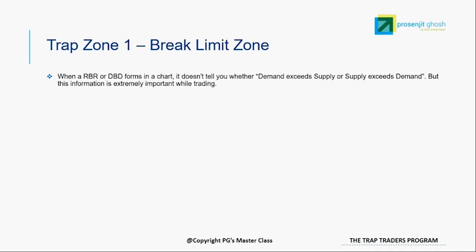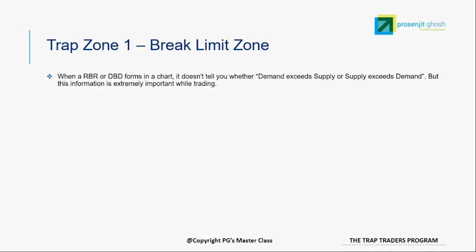If I want to trade a rally based rally, I need to know that there is overwhelming demand, meaning more buy orders than sell orders. That means I may get some pending orders to go along with, and I can take a long trade there.